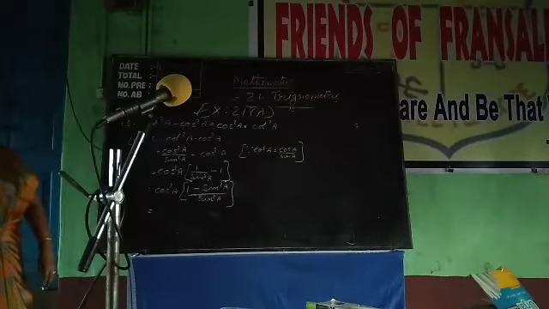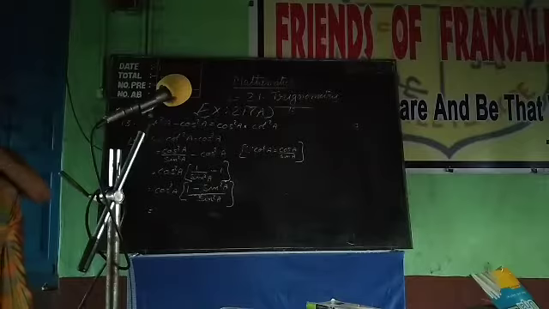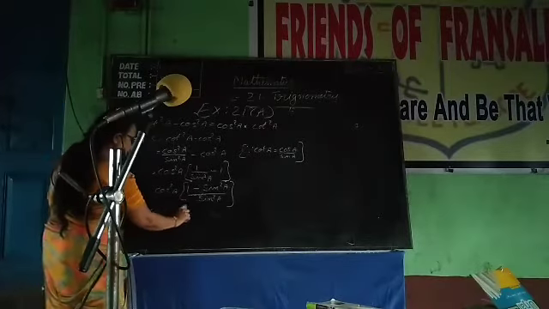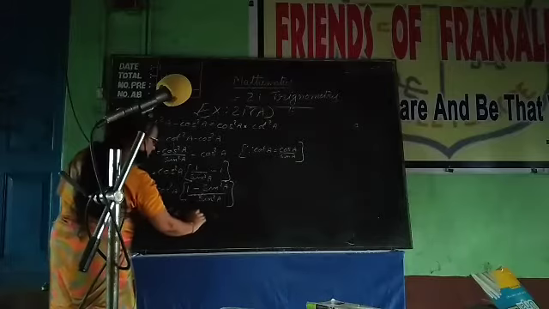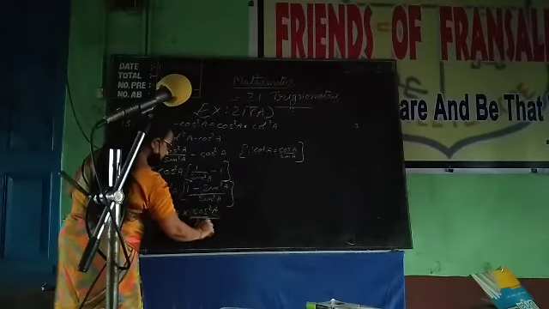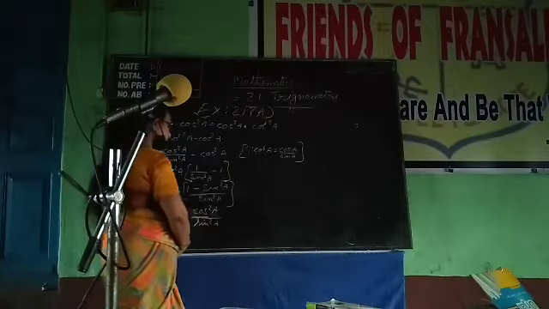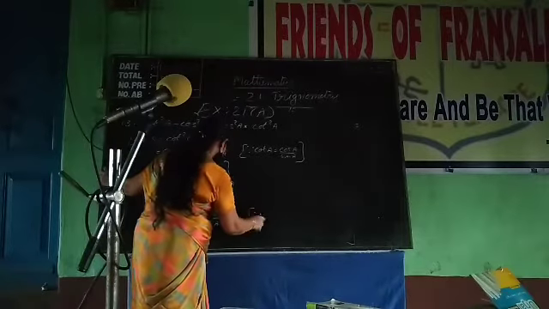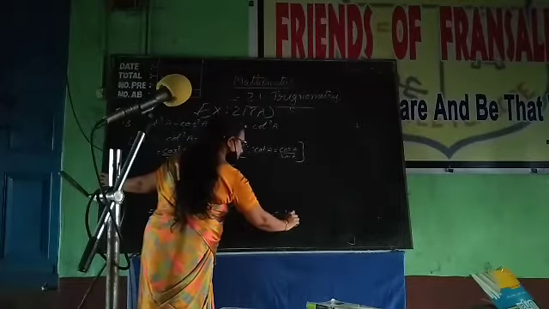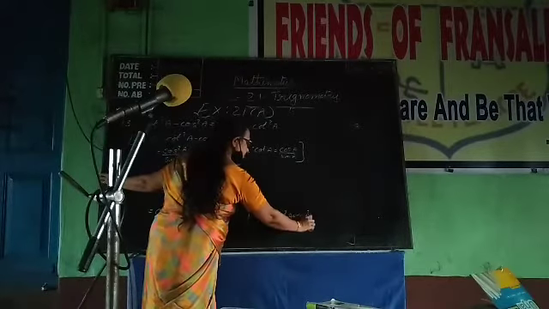Cos square A. We have the relation: sin square A plus cos square A is equal to 1. So 1 minus sin square A is equal to cos square A. Cos square A into cos square A divided by sin square A. Write the reason: 1 minus sin square A is equal to cos square A.